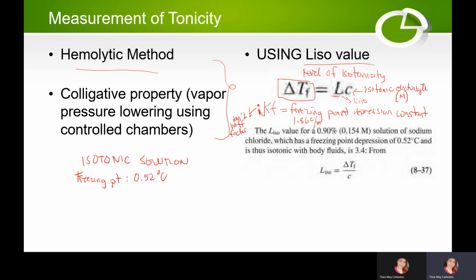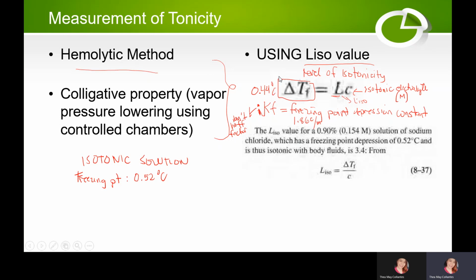So you have now 1 gram or 1% of your sodium propionate. And then you multiply it by the level of isotonicity, the constant that you should have here. And then, after you multiply, what did you get as the change in TF? You just got, for example, 0.44 degrees Celsius.